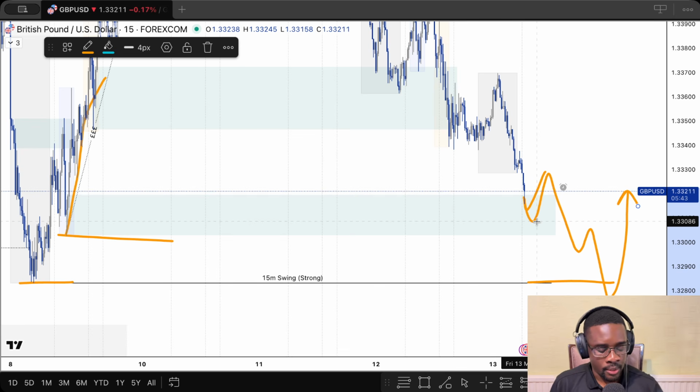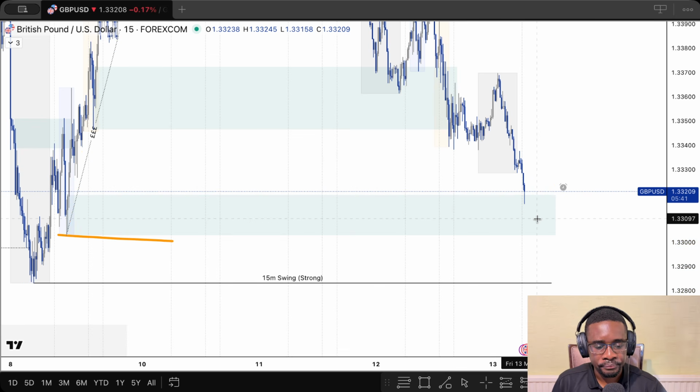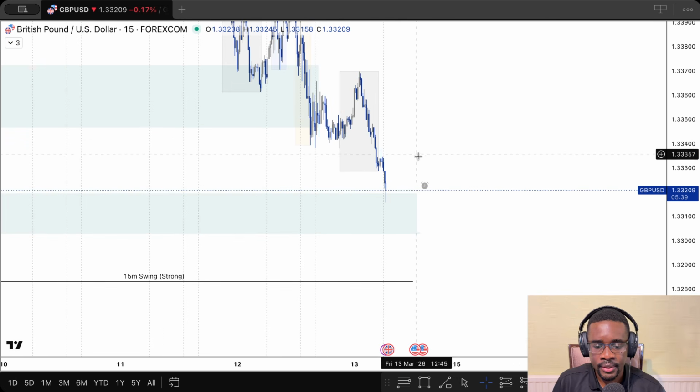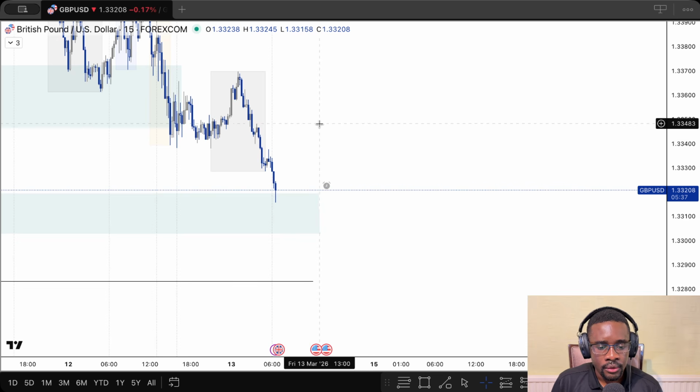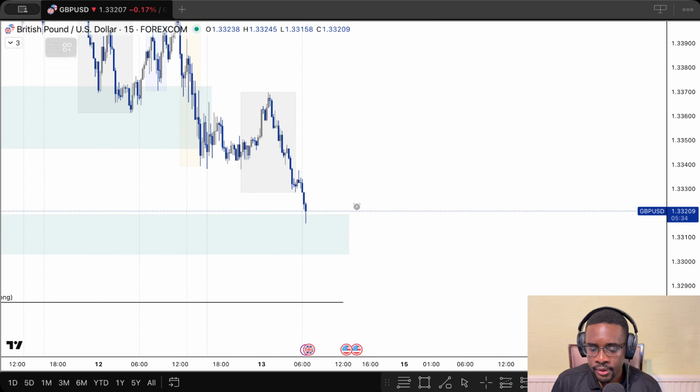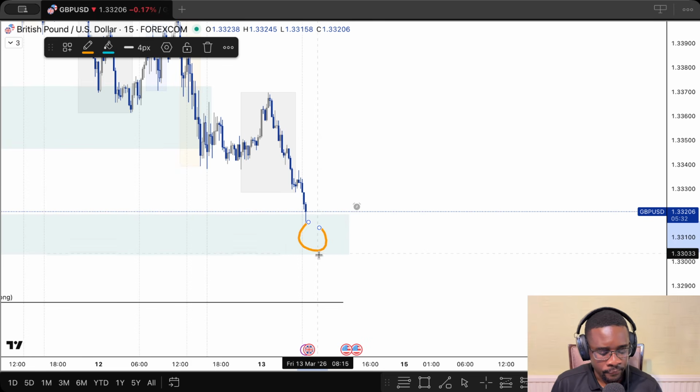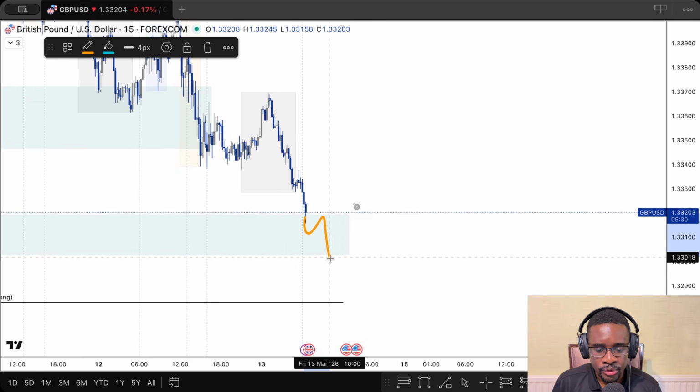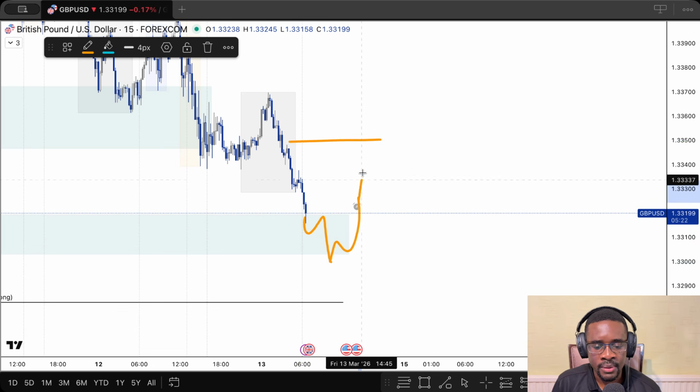Okay, so I'm anticipating that either price will react from this area, or it'll continue, sweep this, take out this zone, this demand, and then give confirmation to then look for longs, maybe towards this mid-range.